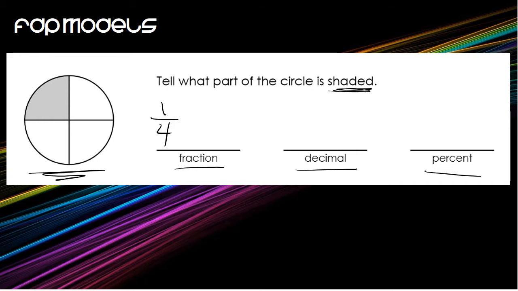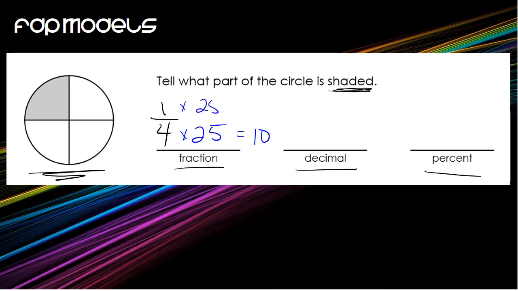Now to make this into a decimal and a percent, what we have to do is figure out, is 4 a factor of 100? We can say yes, because we know that 4 times 25 will give us 100. And whatever we do to the denominator, we have to do to the numerator.